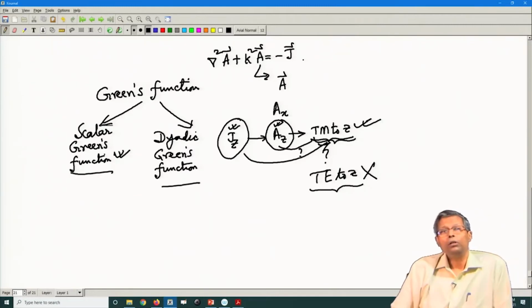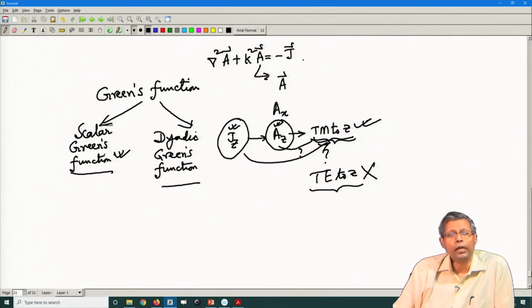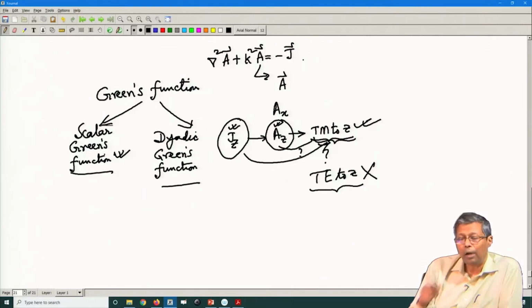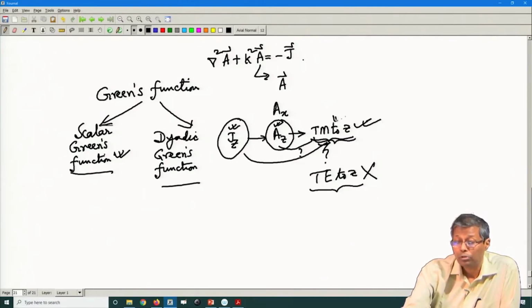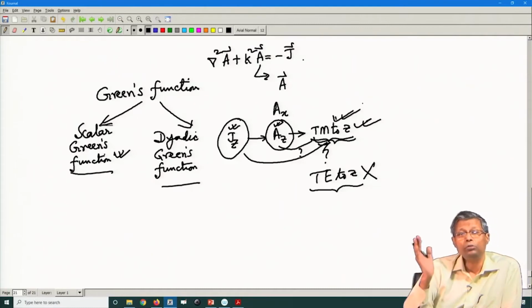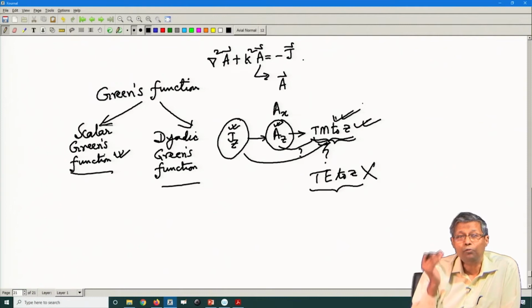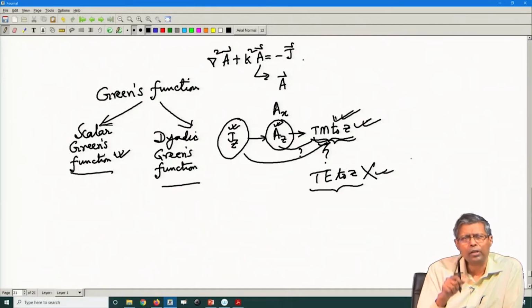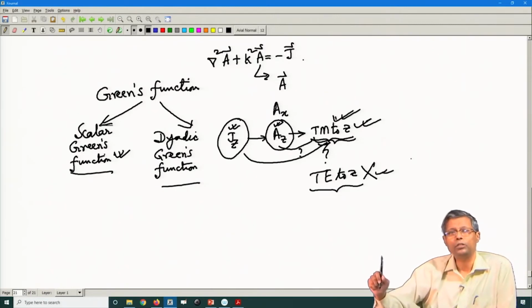People working on the scalar Green's functions always try to take advantage of the fact that a particular orientation of the source will generate a particular nature of modes. Their main purpose is to look at the polarization of the source and to see how few modes they can compute. So, a priori if they know that these modes are not generated, they will not compute these modes. They always try to exploit the behavior of the polarization of the source vis-a-vis the modes excited.